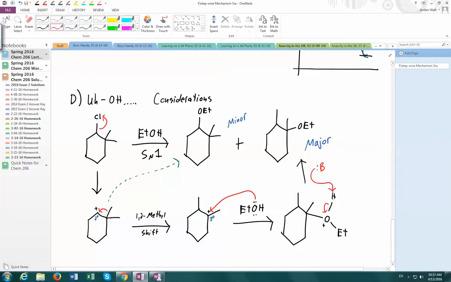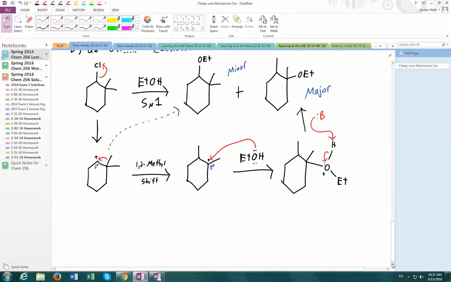So, if you saw something like this, knowing that an SN1 reaction is going through a carbocation, you've got to consider all the things that we've learned about carbocations in the past, both in terms of their stability, as well as what they do to become more stable, such as a 1,2 shift of some kind.